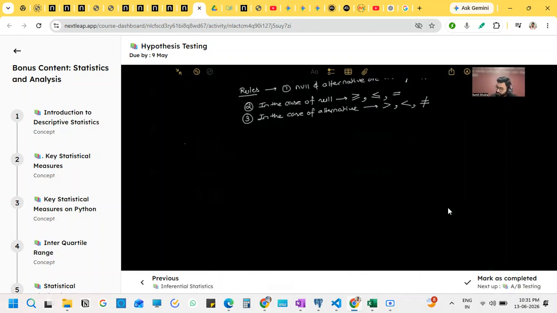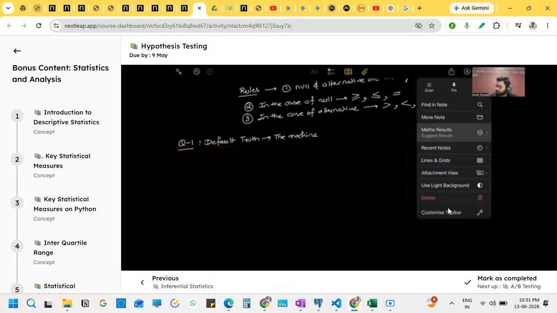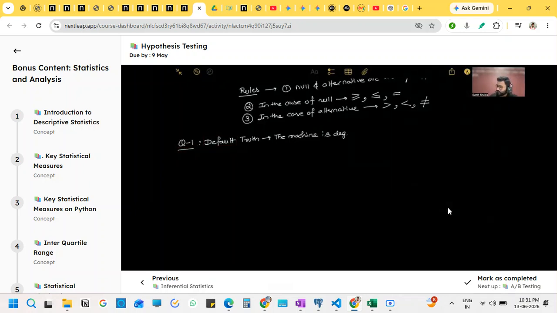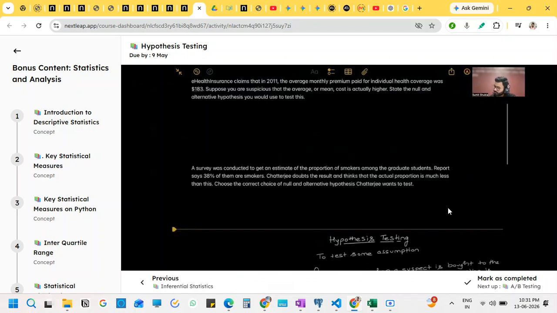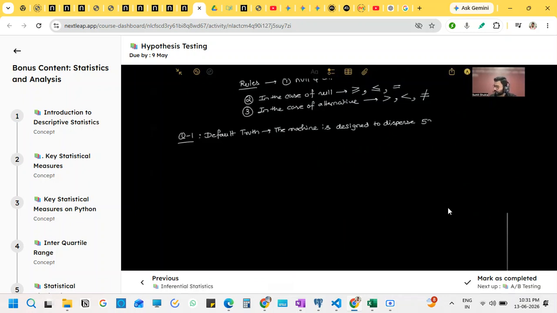The default truth, for question number one, is that the machine is designed to dispense 530 ml in the medium size setting.